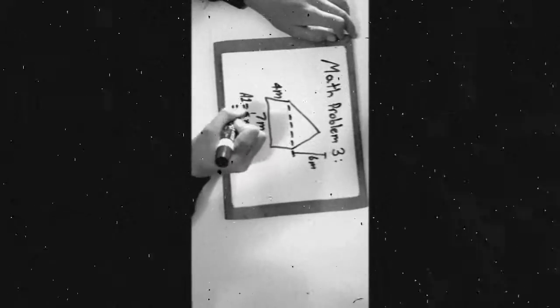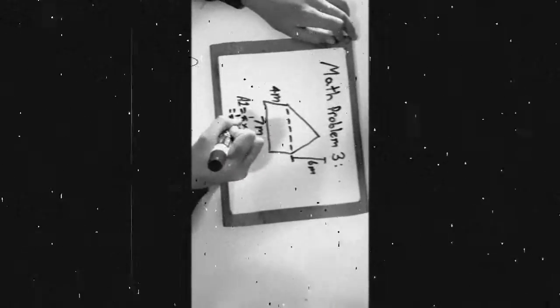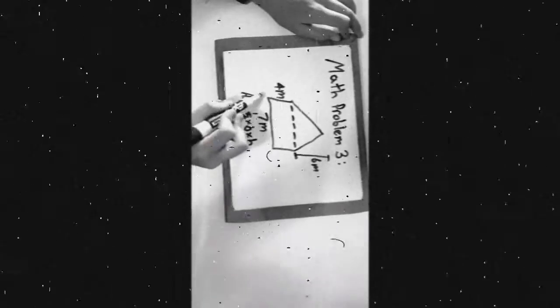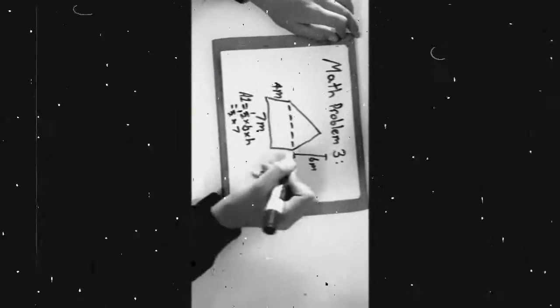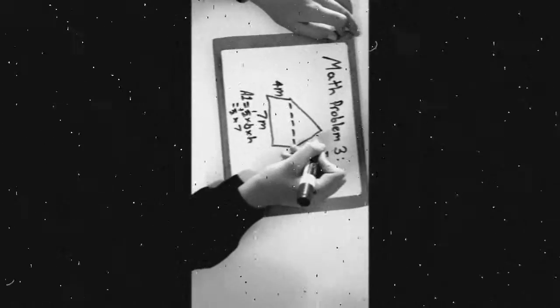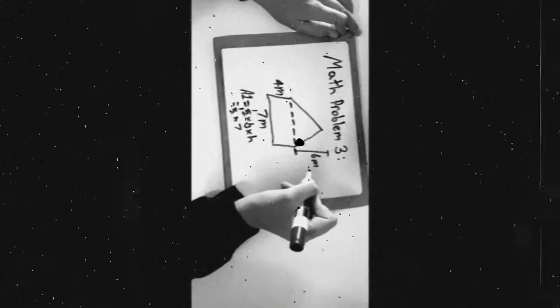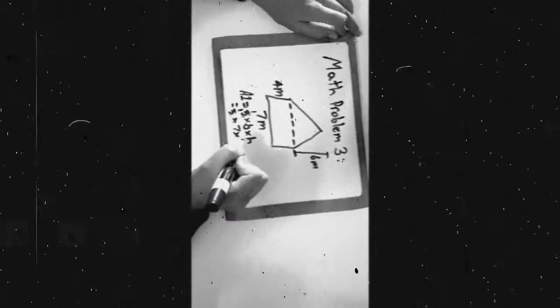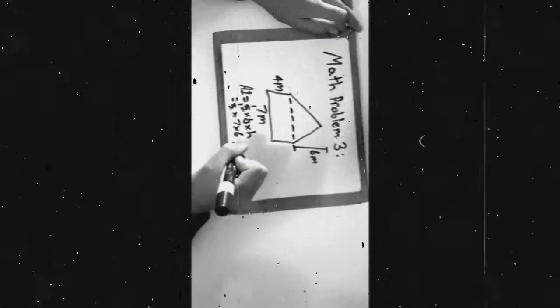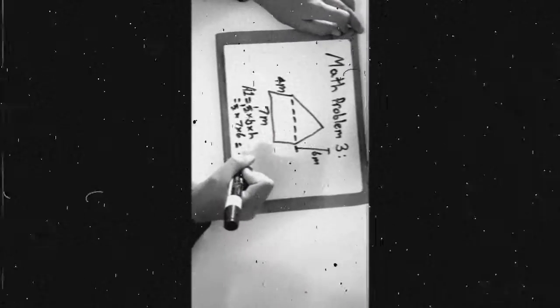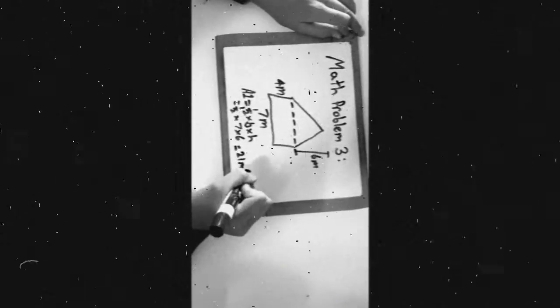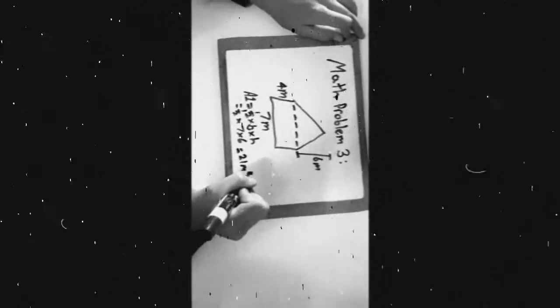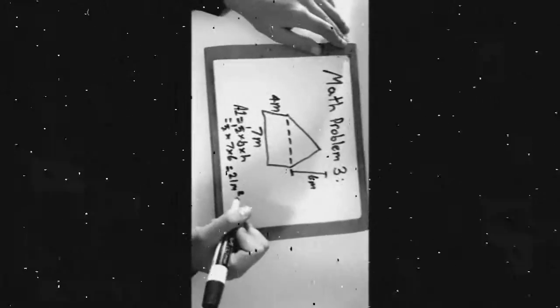So we need to go down here, half times, and the breadth is going to be from here to here, which will be 7. And the height for the triangle, starting from here to here, is going to be 6. That should equal 21 meters squared. Remember the squared because we're finding the area.